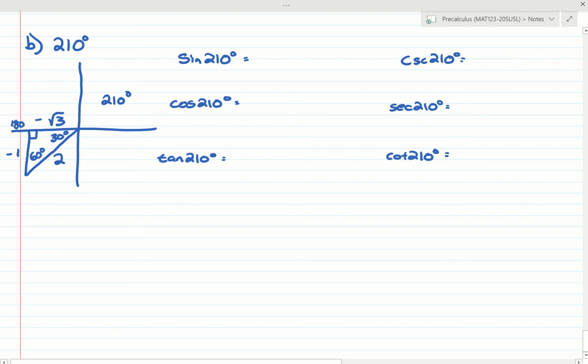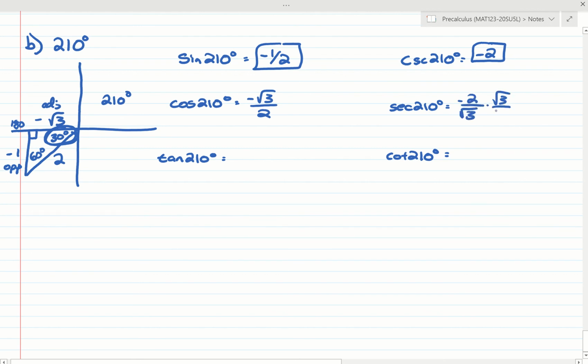Now the sine, here's your reference angle. Sine would be the opposite over the hypotenuse. Negative 1/2, the reciprocal is negative 2 over 1. Cosine is the adjacent over the hypotenuse. The reciprocal would be 2 over negative root 3. It doesn't matter where you put the negative.